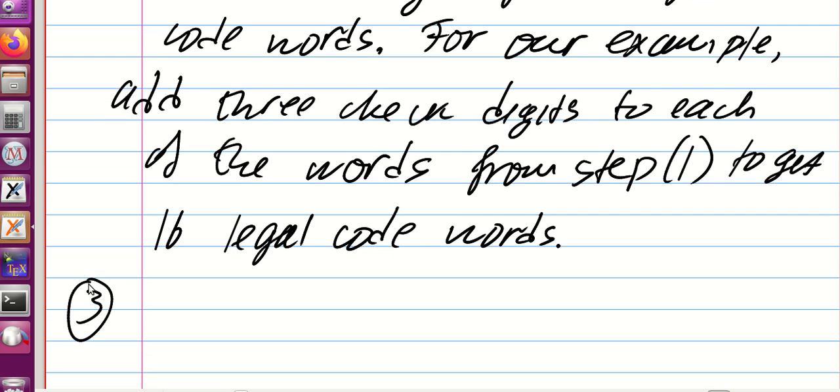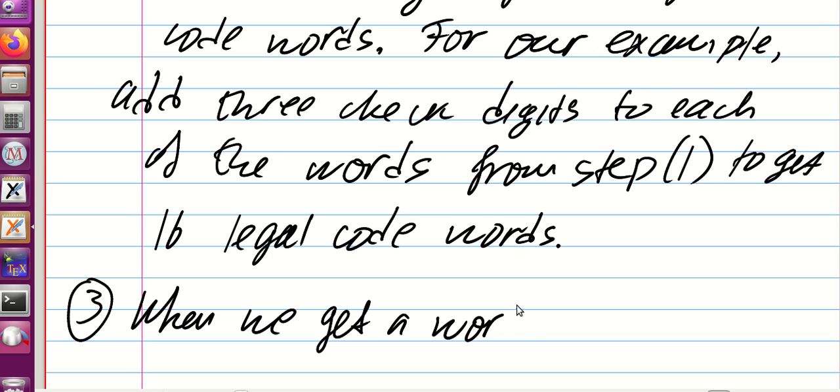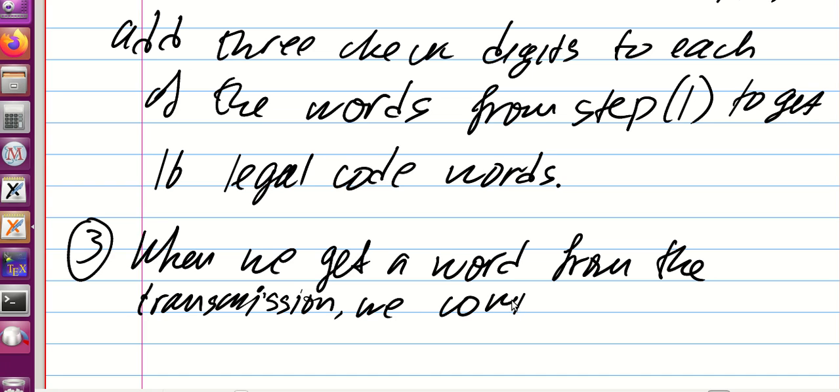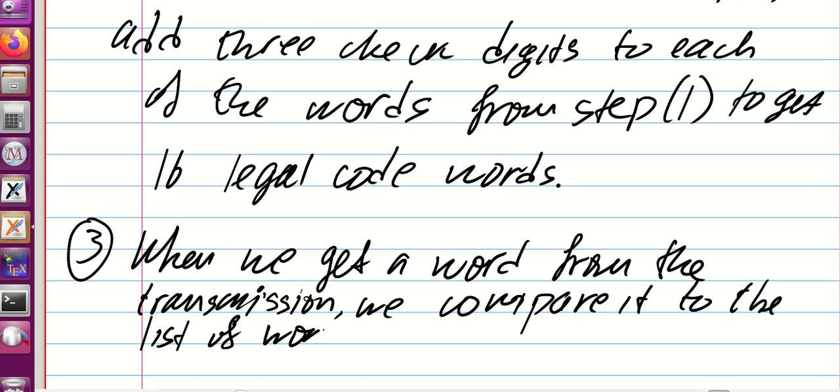Step number 3: when we get a word from the transmission, we compare it to the list of words from step 2.